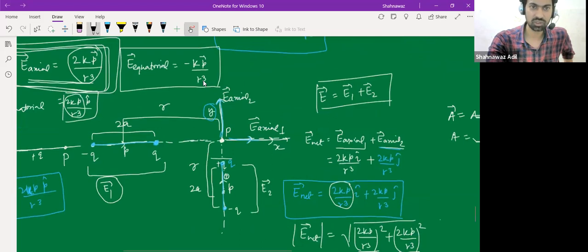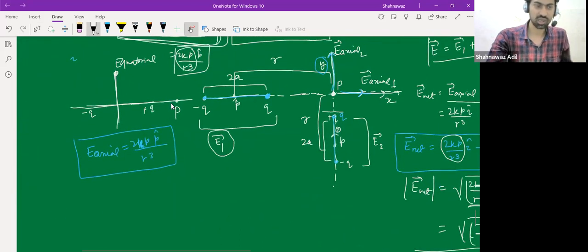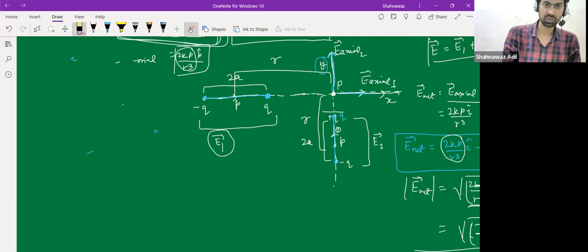So where should I put the screen? Yeah, so this was the question. Let me draw the question again so that it becomes clear to you guys. What is the heading for this?